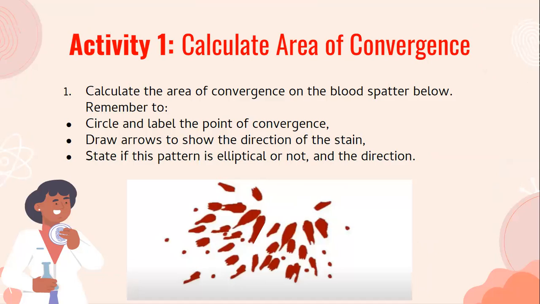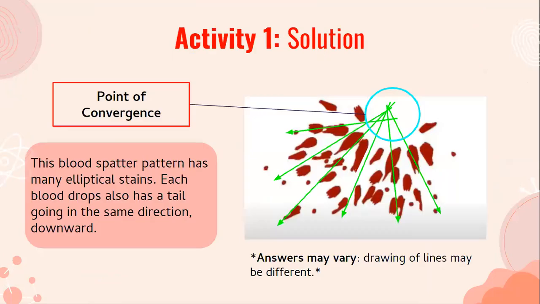So here's an example where you have a blood splatter that has been given to you. So using strings, you're going to take different points of the blood splatter and follow a line. And you're going to figure out if all those lines are moving in the same direction. You're not going to do this with paper and pencil lines. You're going to do it with actual string.